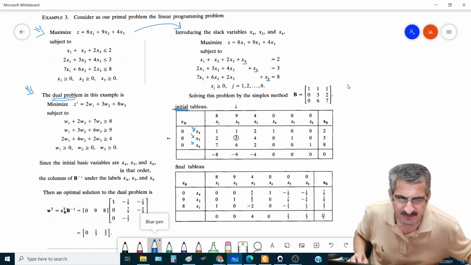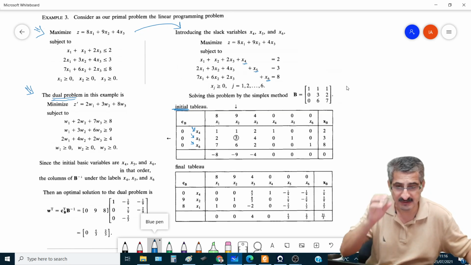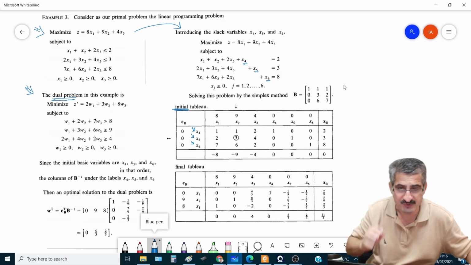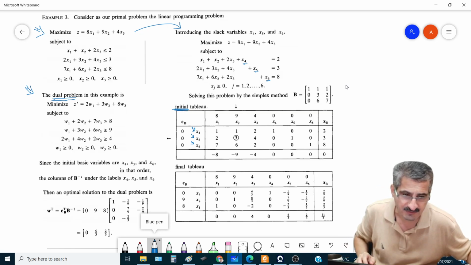Sorry. This is the column under x4, x2, and then x1.